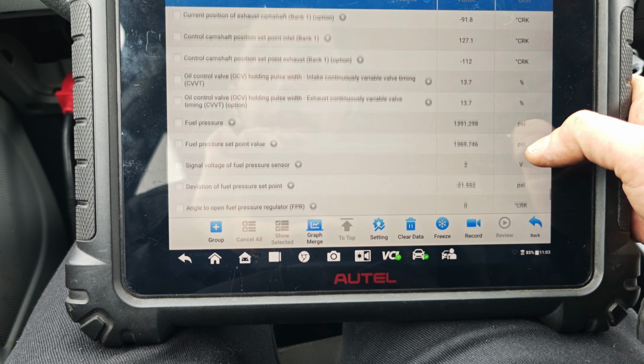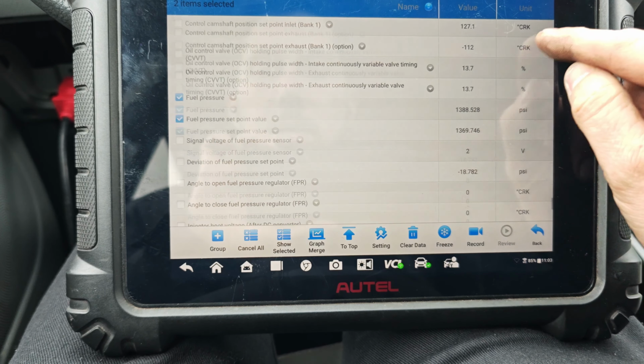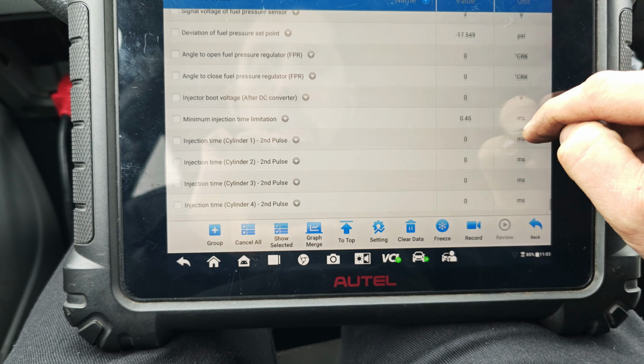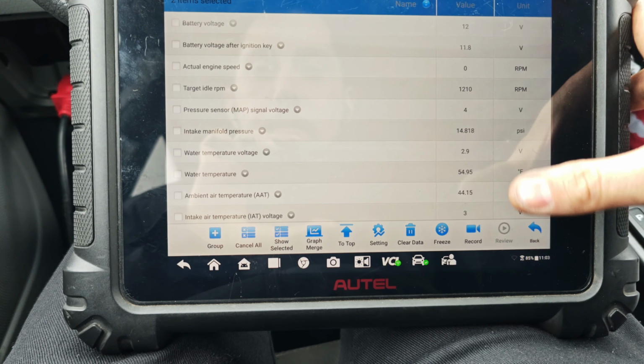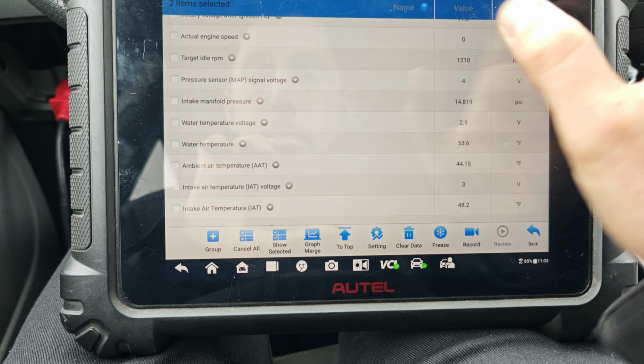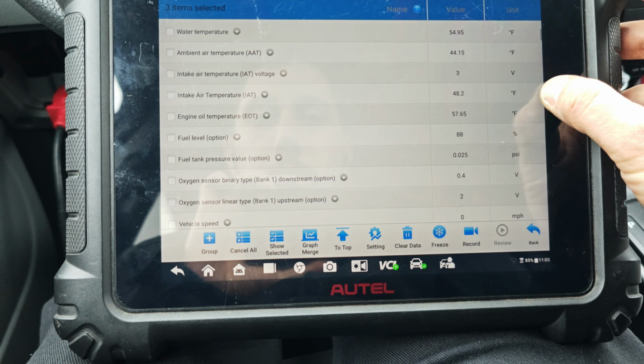So we want fuel pressure. There you go, fuel pressure, set point. That looks good. I didn't see MAP. Intake manifold pressure, ambient air, that looks good. Intake air looks good.